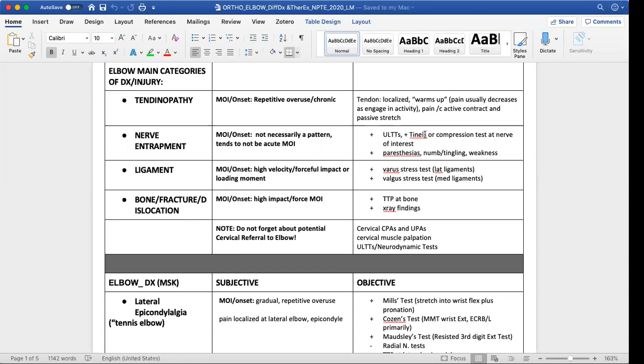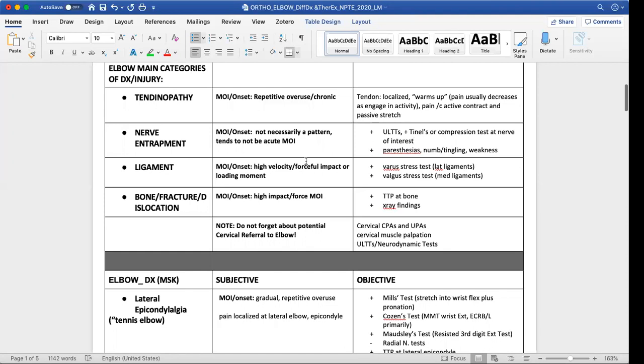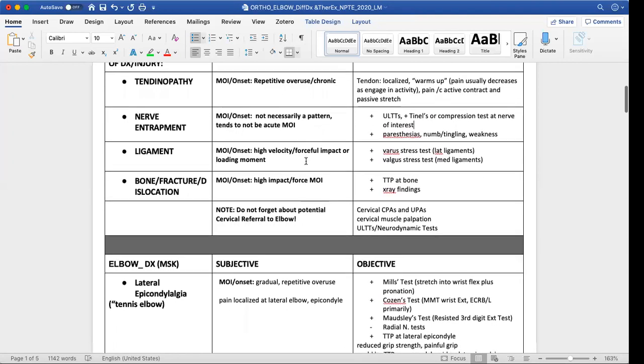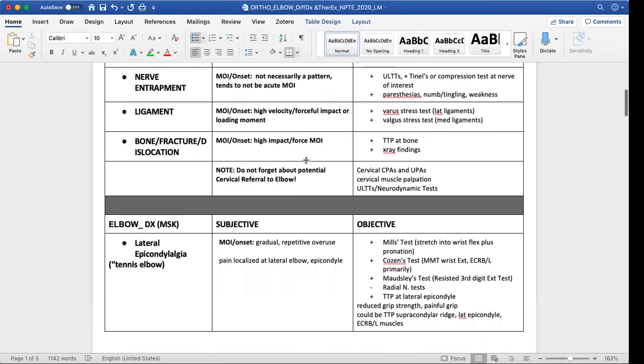We can also see a positive Tinel's test in many cases, where we're tapping the nerve at a superficial place, and that tapping or that force applied to the nerve, or compression at that nerve, will reproduce symptoms. And then people are going to describe symptoms of neural tissue origin, such as paresthesias, numbness, tingling, weakness, shooting or burning pain, which are more characteristic of a nerve issue versus a musculoskeletal issue.